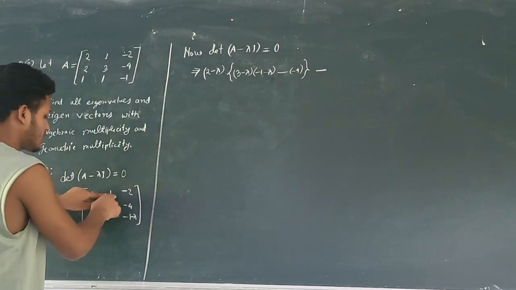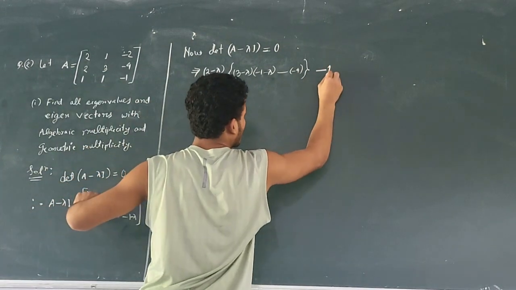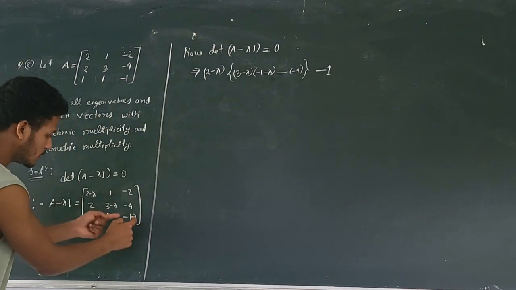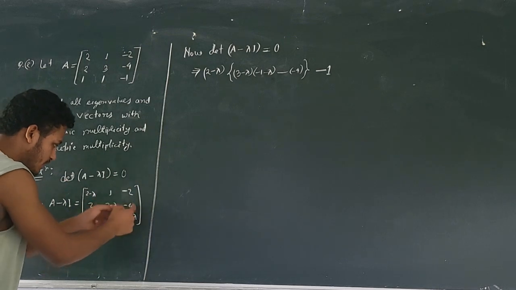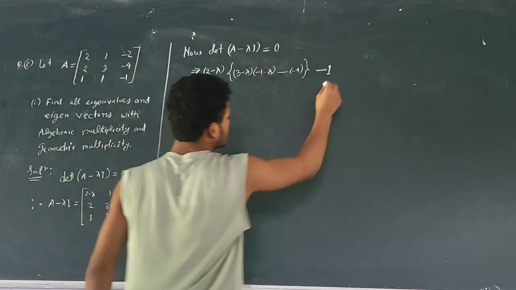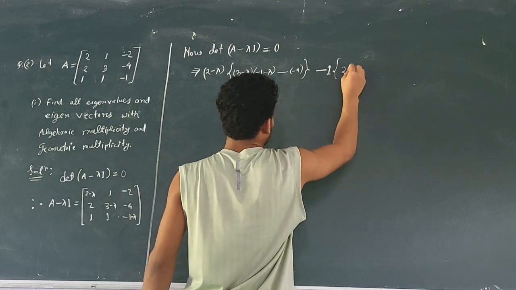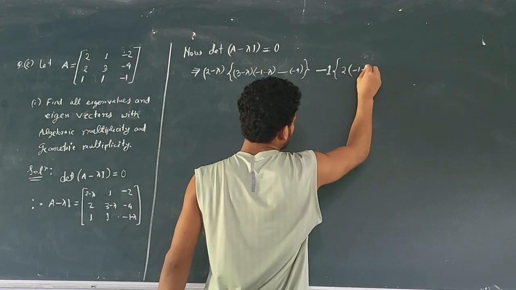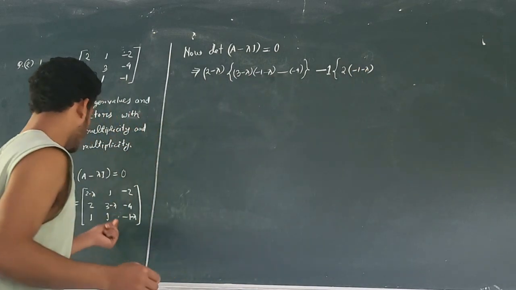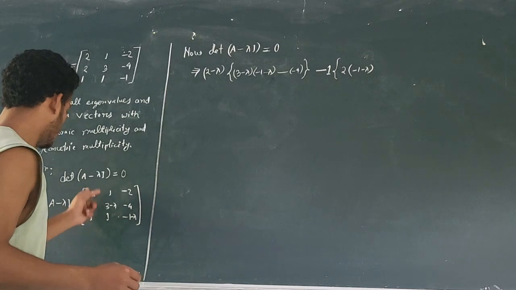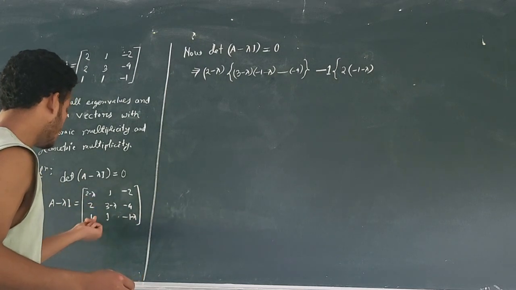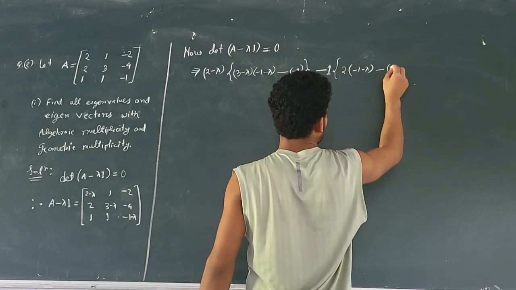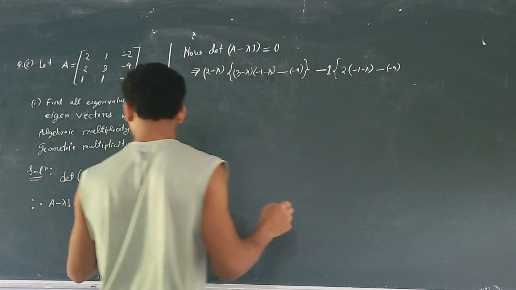So this is minus, and this is minus 1 into, draw a line here, 2 into minus 1 minus lambda, minus 1 into minus 4, it is minus 4.